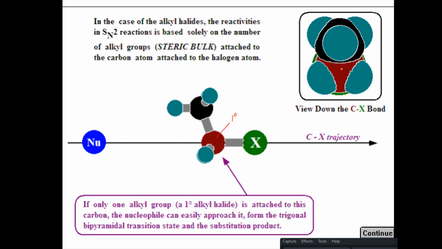So that, of course, is going to be the fastest reaction for the backside attack. Now, if I begin to put alkyl groups in these positions, I'm going to begin to block that carbon, so we would expect the reaction to get slower, and at some point maybe not even happen.